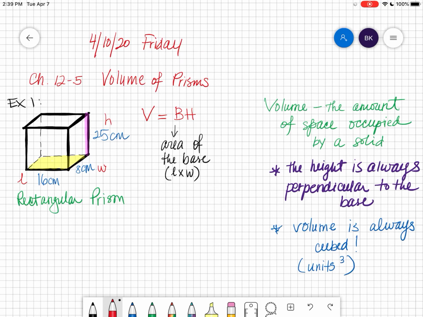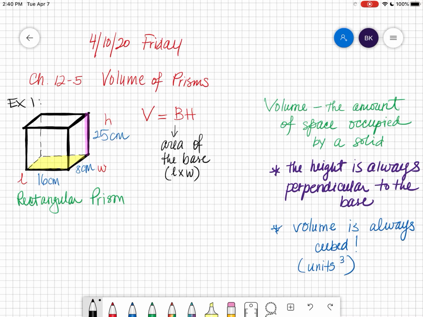And remember, the base is the area of the base, which is found by multiplying length and width. So area of the base times the height. So big B, remember big B is the area of the base.